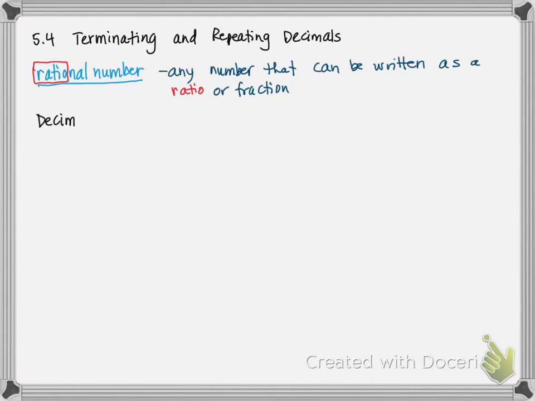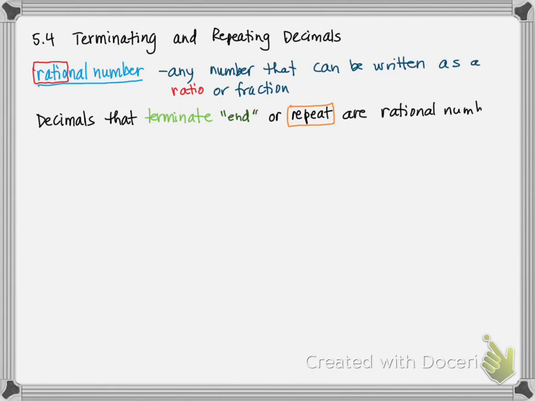So what do we mean by decimals that terminate? Decimals that terminate, end, or repeat, are rational numbers.